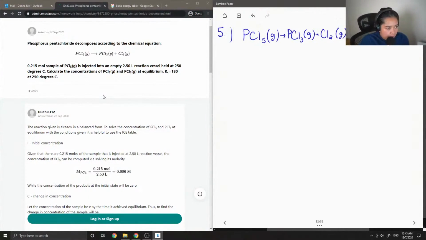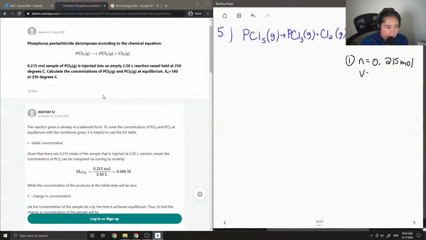Actually, first I will find the concentration of our reactant. So they give us the number of moles of phosphorus pentachloride, which is 0.215.